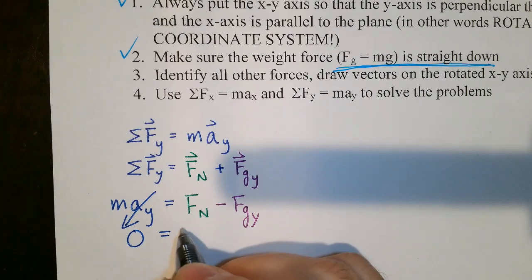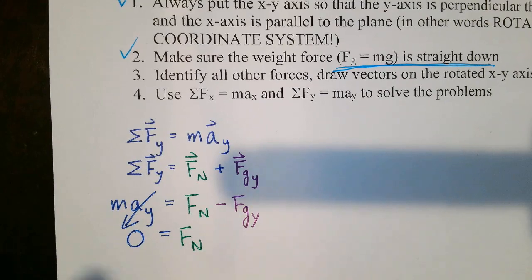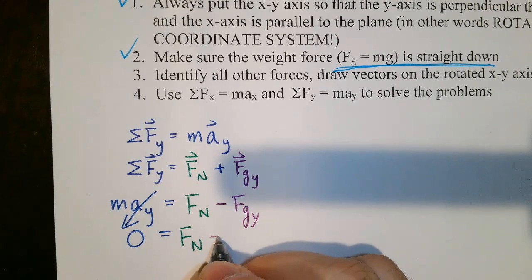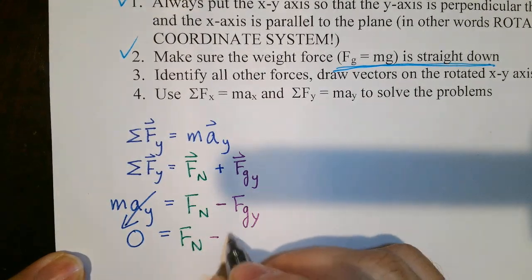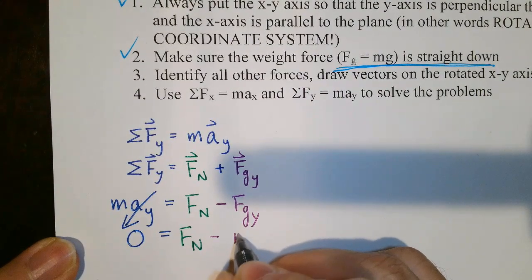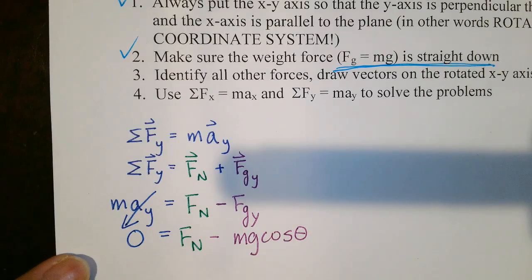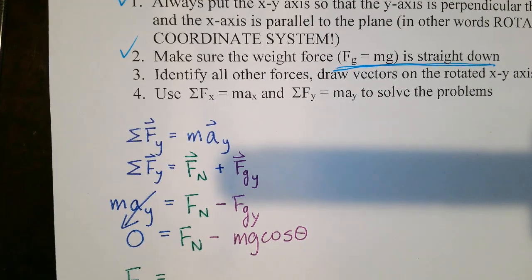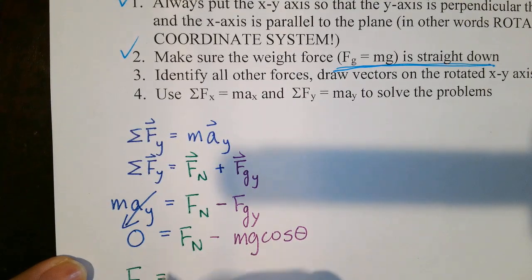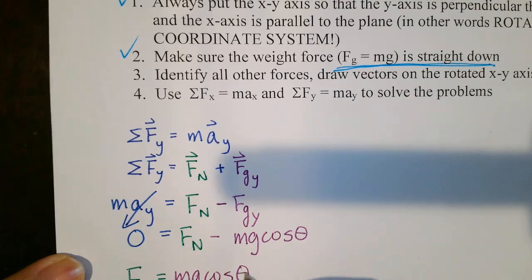Therefore, my F normal minus FGY, which is mg cosine theta, is equal to 0. So if I bring this to the other side and flip it, my F normal is equal to the magnitude of mg cosine theta.